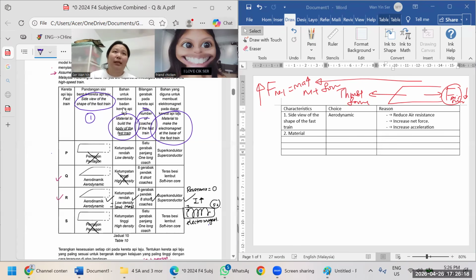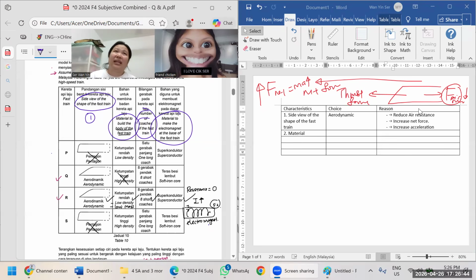Okay. Air friction. So far I don't see it in the textbook, but the question said air friction in SPM 2023. It has the word air friction, but I don't see it in the textbook. Better we write air resistance.